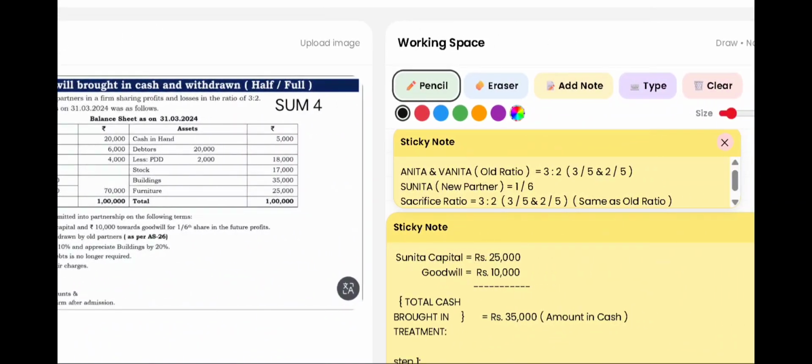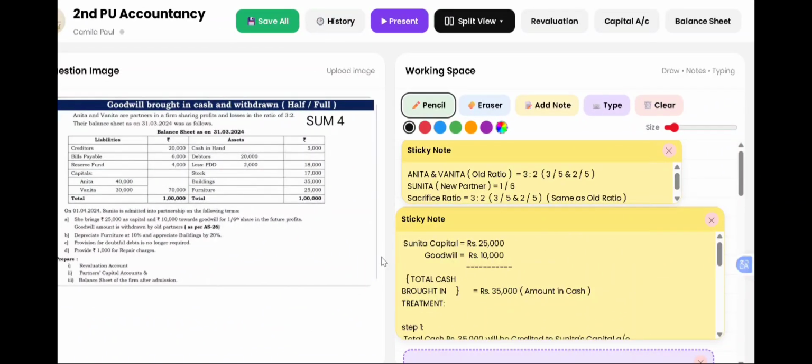Now see here, the first adjustment says that Anita and Vanita's old ratio is given here. That is 3:2, which can be written as 3/5 and 2/5. And Sunita, the new partner's ratio is given as 1/6. So here, since the goodwill treatment has to be made under AS 26, we need sacrifice ratio to distribute the goodwill which is brought in by the new partner.